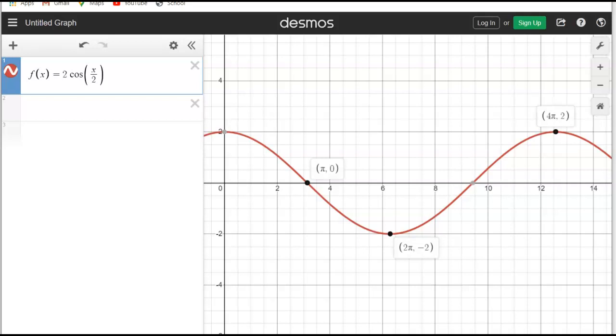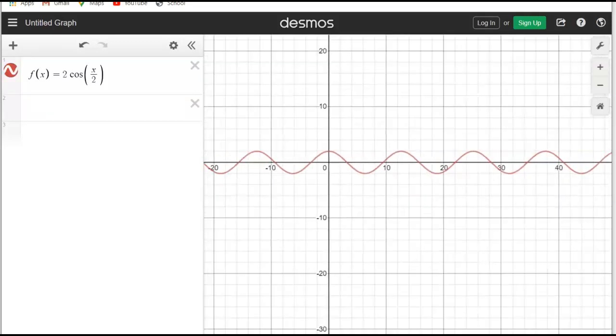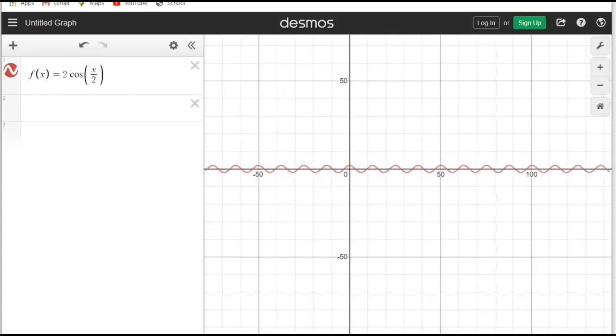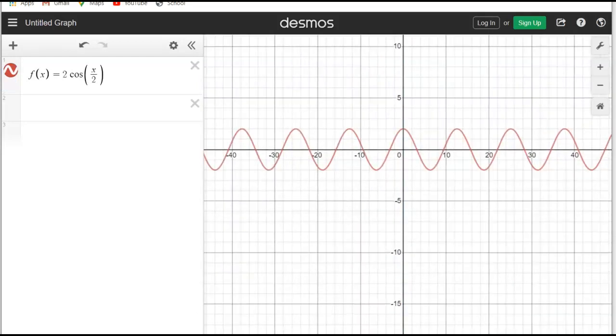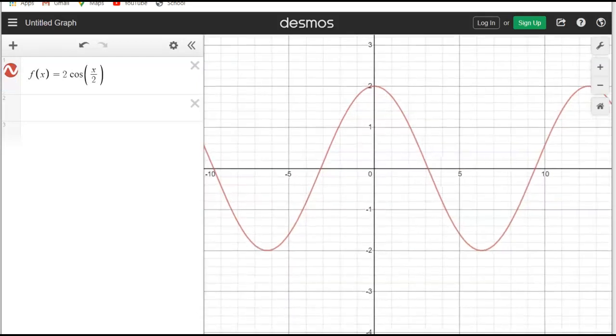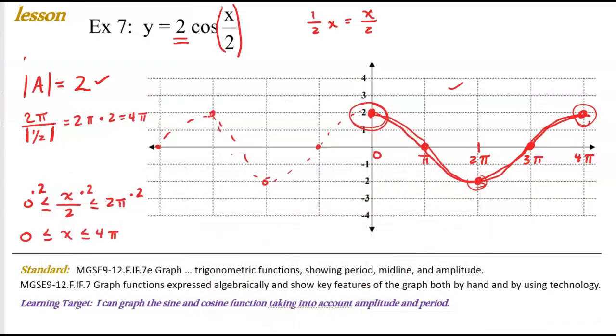So we see our 1 full period of the curve, which you can zoom out and see that once again, the domain is -infinity to +infinity, and the range is -2 up to +2. It doesn't go above that. Okay, so we have our graph.